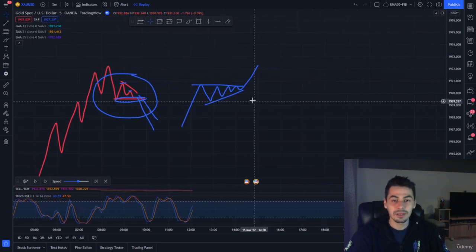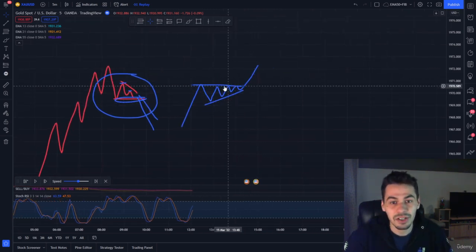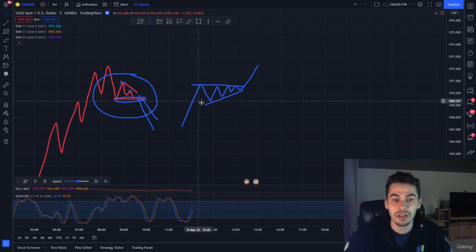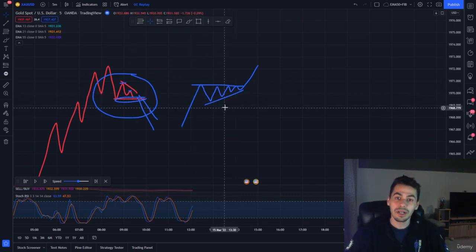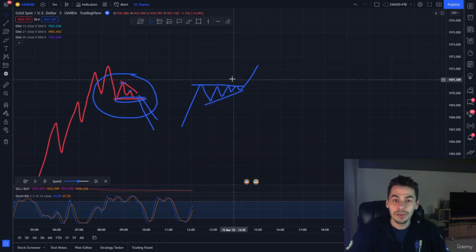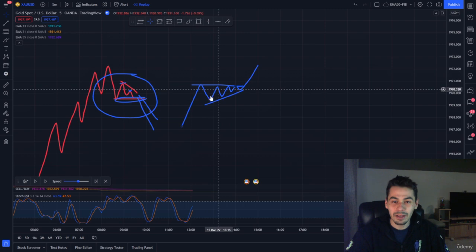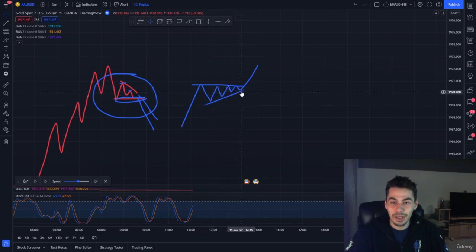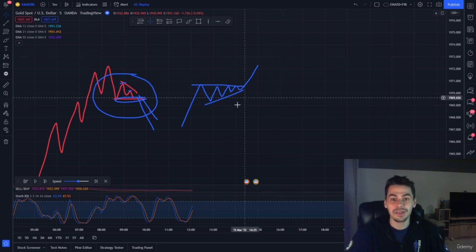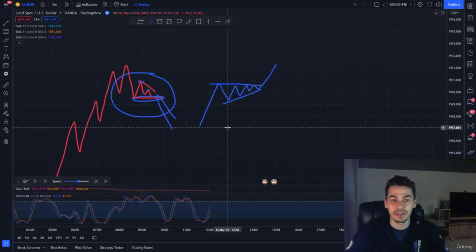Again, the same logic is behind this triangle as we stated earlier. Basically, what we are seeing is that sellers, even though they are able to keep this level for a while, are losing momentum, and buyers are getting closer and closer to the level up until the sellers give up and the buyers push the price to the upside.